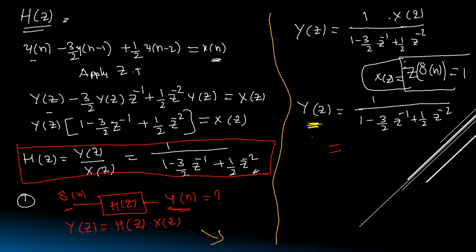Now you can find y(n) from this Y(z) by applying the inverse z transform on both sides. Before applying the inverse z transform, we'll simplify this expression to use the standard formulas.